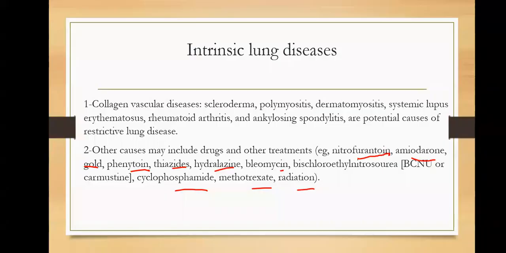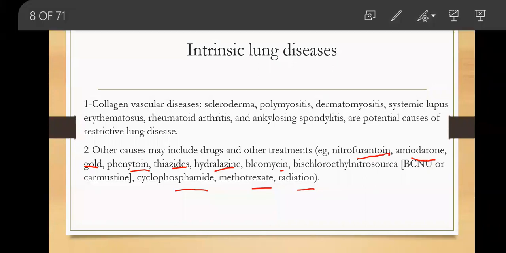So nitrofurantoin is an antibiotic that is used for urinary tract infection. Amiodarone is a medication that is used for arrhythmia. Gold is used for autoimmune disorders like rheumatoid arthritis.